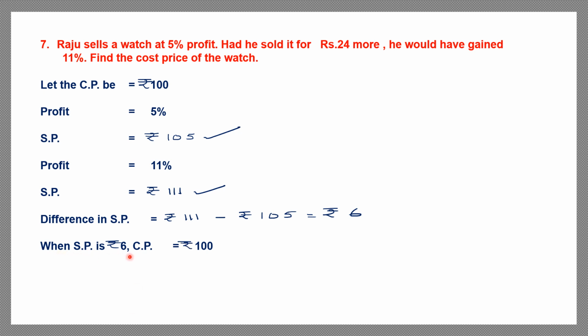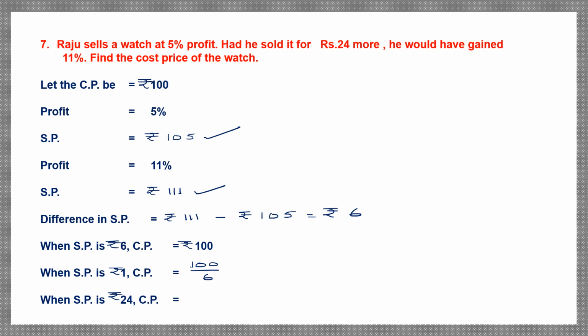So when selling price is 1 rupee, the cost price will be 100 by 6. Now we are asked to find the cost price of the watch when the selling price is 24 rupees.